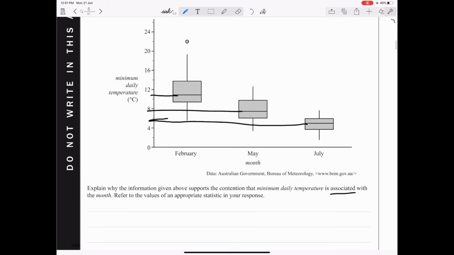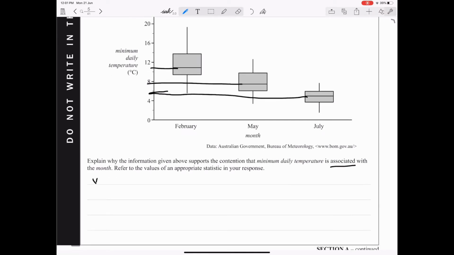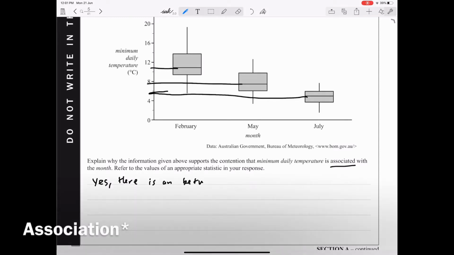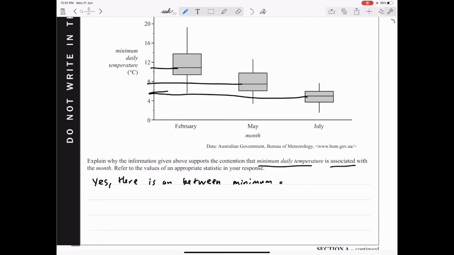So to start off the statement, I'd say yes, there is an association between minimum daily temperature and month, and after this I'd give a reasoning for this statement. So I'd say this is because, and I'd refer to median.